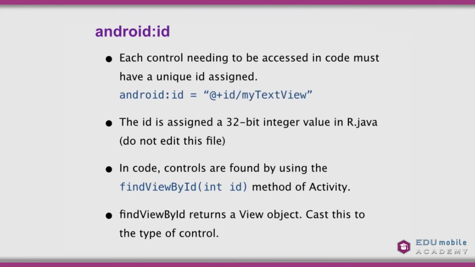Now, findViewById returns not the specific type of the control we're looking at, it returns a View. And so if we need that specific type, and not just as a View, which is overwhelmingly the case, we need to cast the return value of findViewById to the actual type of the control that we're looking at.